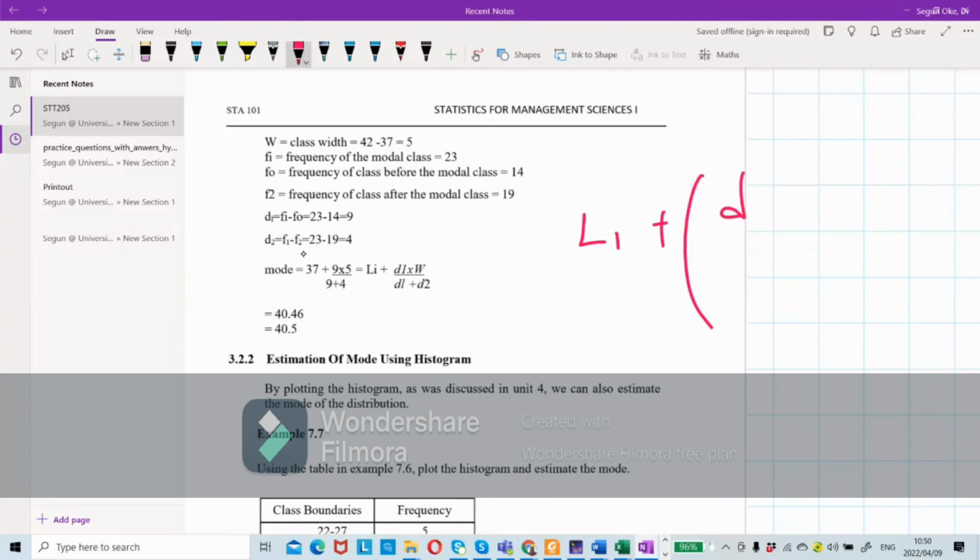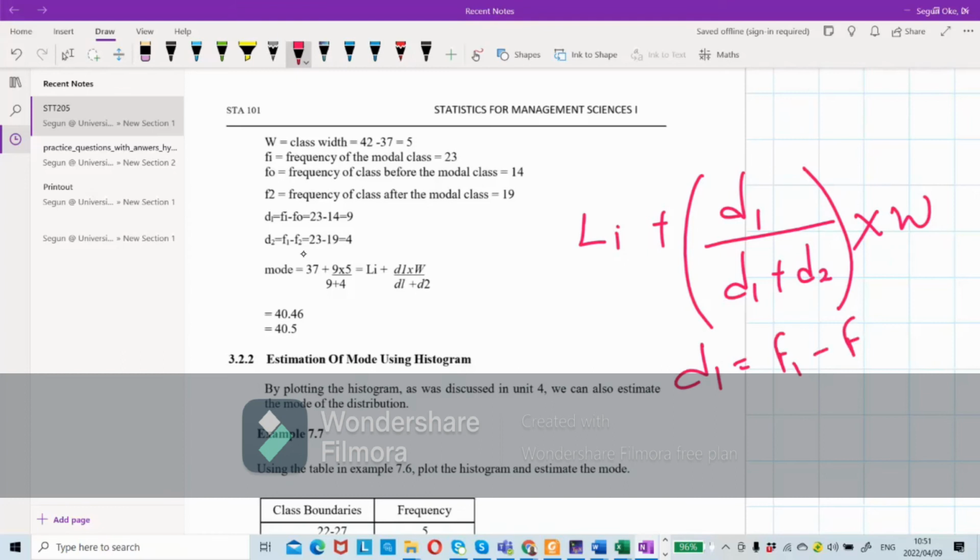Open the brackets, D1 over D1 plus D2, everything multiplied by W. Now, your D1 is the same thing as the frequency of the modal class, F1, minus F0, and D2 is equal to F1 minus F2.